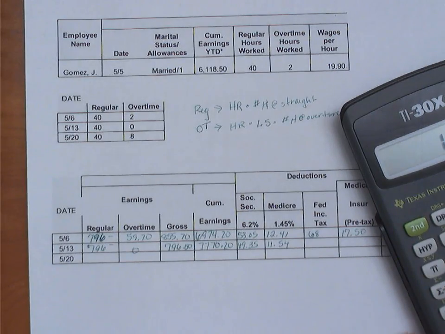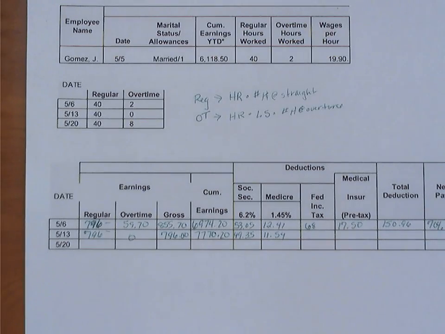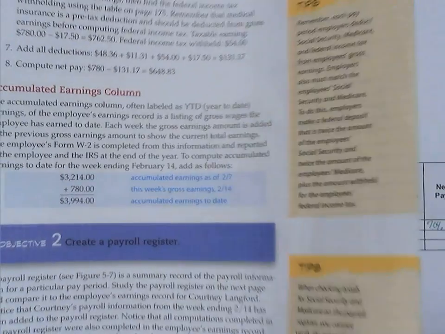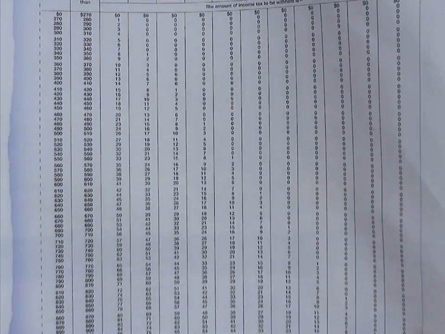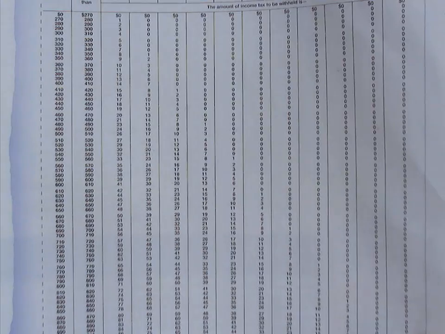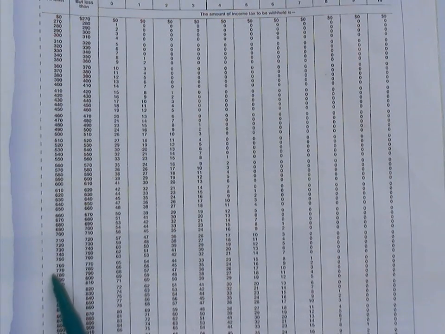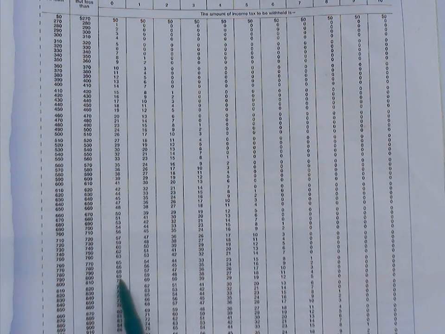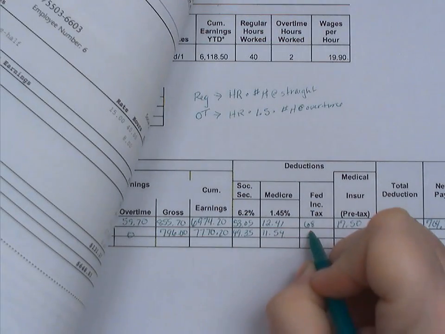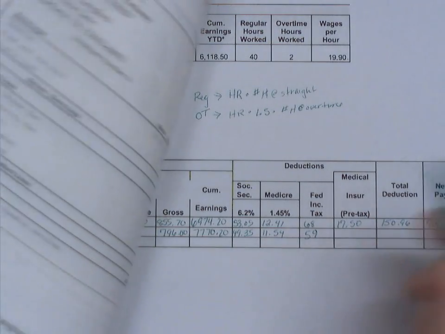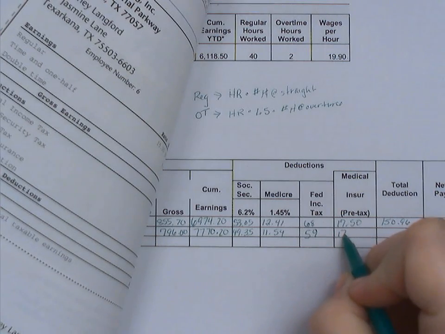Then I look for his income tax withholding. $796 puts him in a different wage bracket. So $796 is right here, $790 right there. So he's going to have to pay $59 for this week. And his medical insurance is still the same.